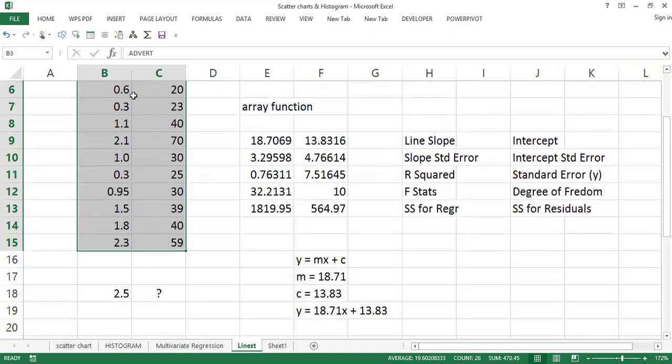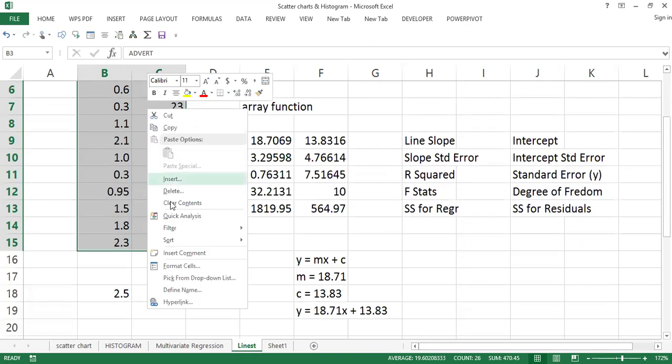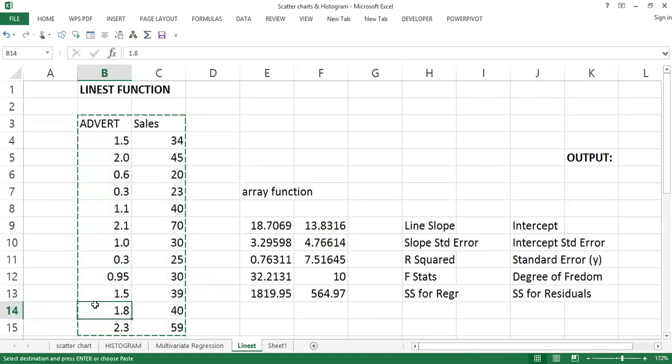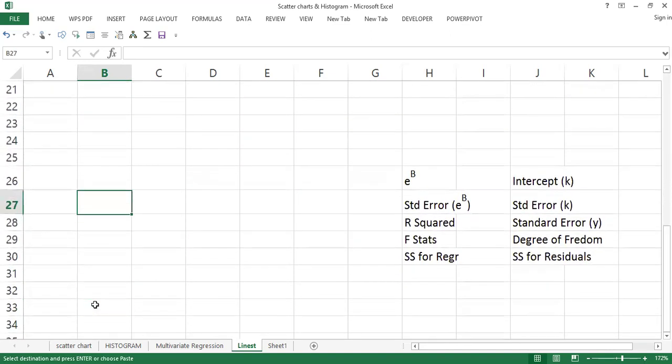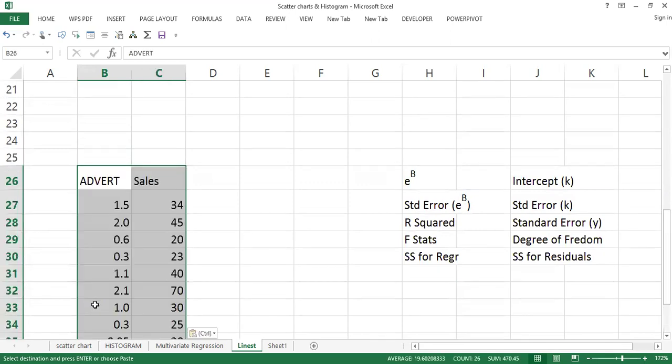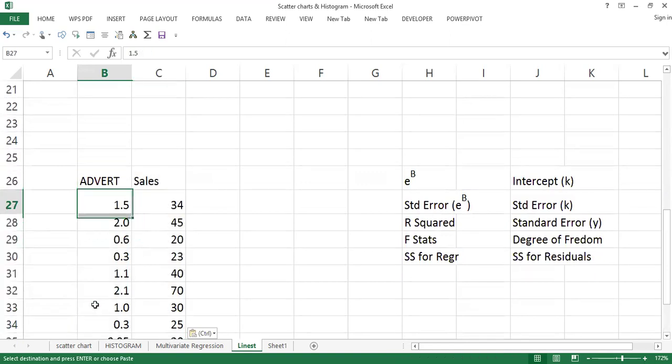I'm just trying to show you how both work. Linest is for linear regression. Logest is for exponential regression, which are the three popular types of regression, especially linear. Linear is the most popular.